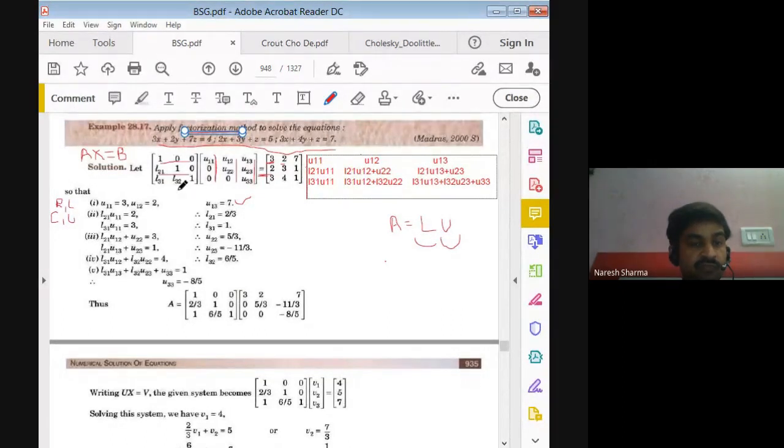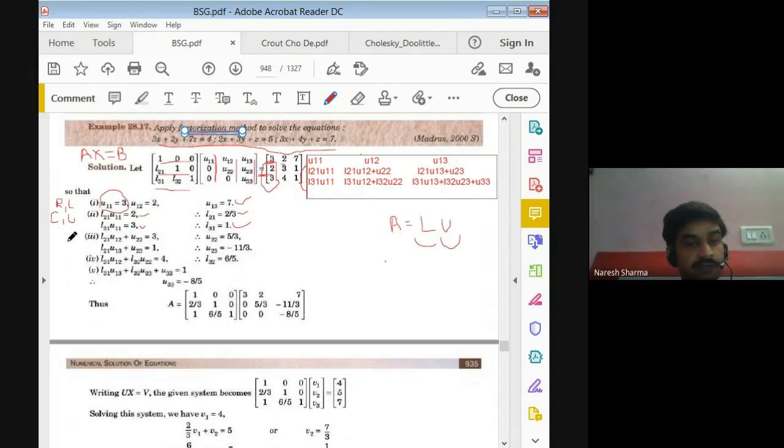Now the first column with the third row gives L31 U11. Once you compare these in the second step with the matrix elements, that is 2 and 3 respectively, L21 U11 is equal to 2, and similarly L31 U11 is equal to 3. U11 we already calculated, which is 3. So if you put that in, you get L21 is 2 by 3, and similarly L31 is equal to 1.